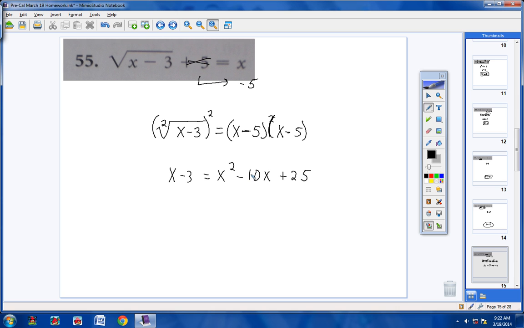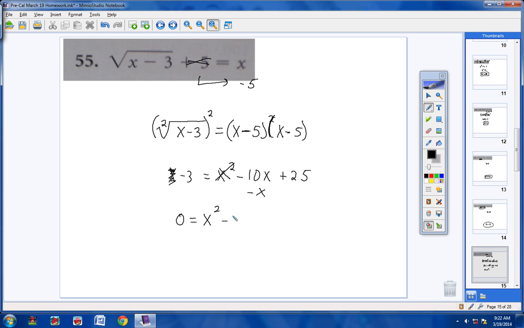And now as soon as you realize you're left with a quadratic equation, an x squared term, you know right away you want to get one side equal to 0. So I have one x squared term. I'm going to bring that down, cross it off. I have an x term here and an x term here. Let's bring the x over, and when I bring it over, it becomes a negative x.